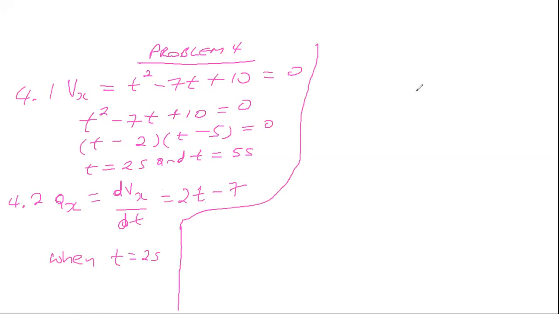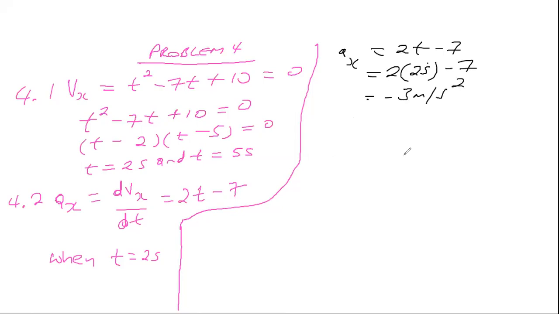When t is equal to 2 seconds, we substitute: ax is equal to 2t minus 7, which is 2 times 2 seconds minus 7. This will be negative 3 meters per second squared.